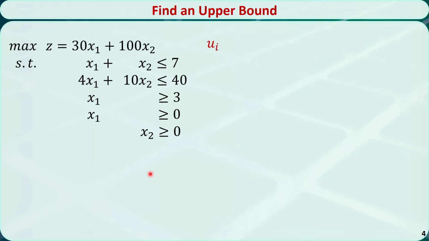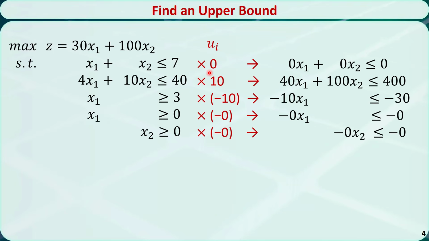For this example problem, we multiply the first constraint by 0. We will get that the left-hand side and the right-hand side are both equal to 0. We multiply the second constraint by 10. We will get this new constraint. We multiply the third constraint by negative 10. We will get this new constraint, and the greater than or equal to sign is changed to the less than or equal to sign.